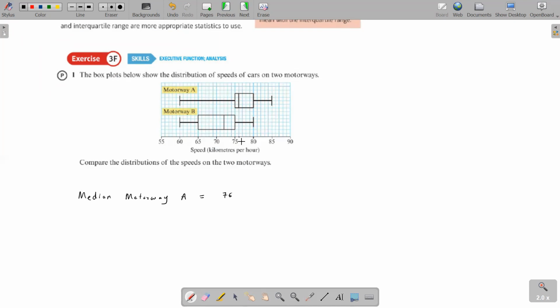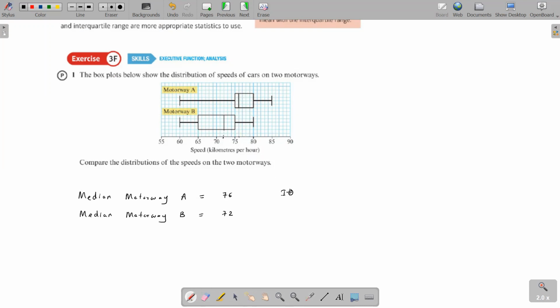For motorway A, the median is 76, and the median for motorway B is going to be 72. So from the data, we can see this is 72, the median for motorway B, and the median for motorway A is 76.